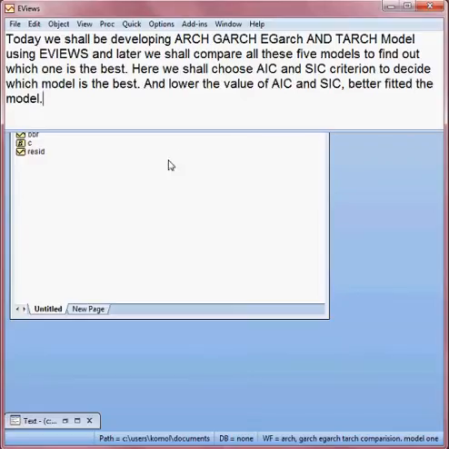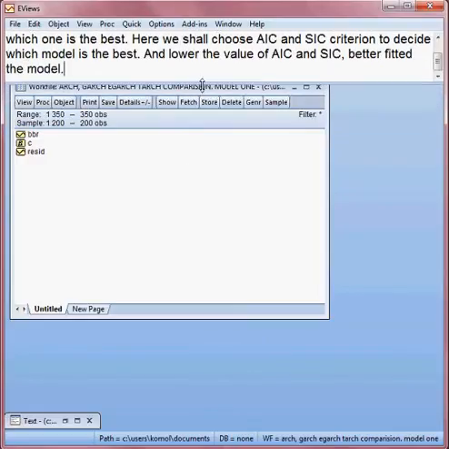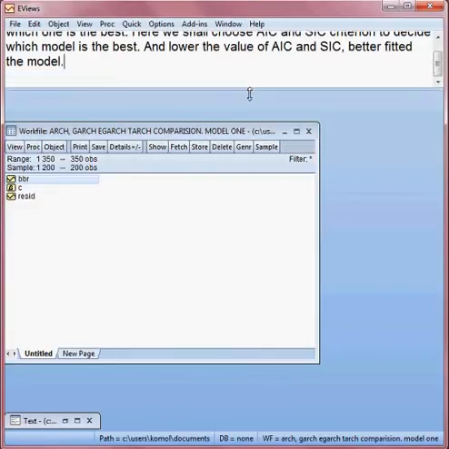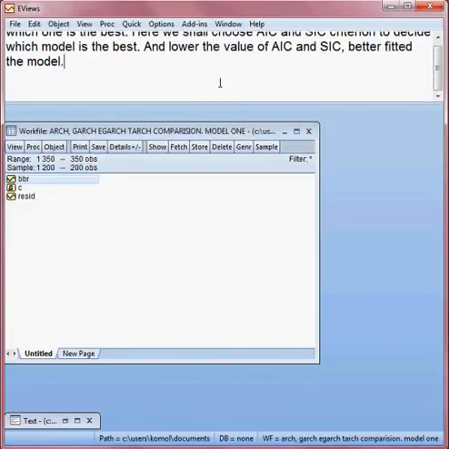Okay. And here we can see we have the variable BBR. What is BBR? Bangladesh bond return, and that is BBR.